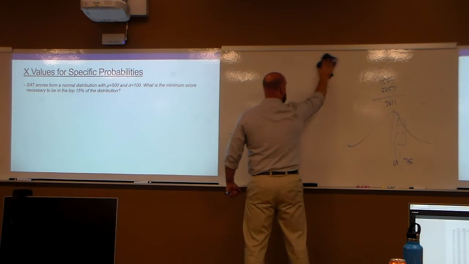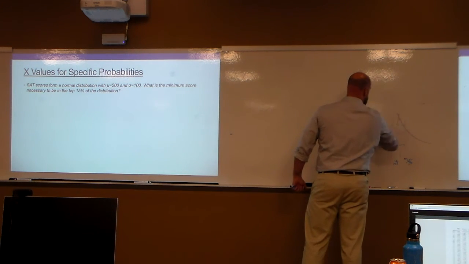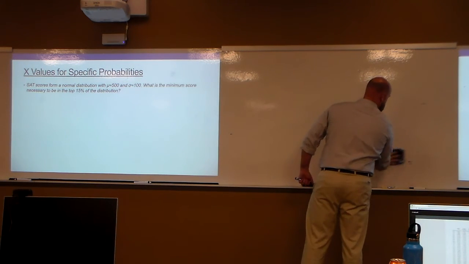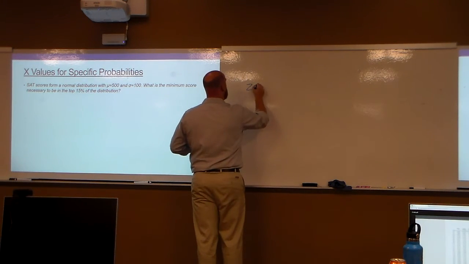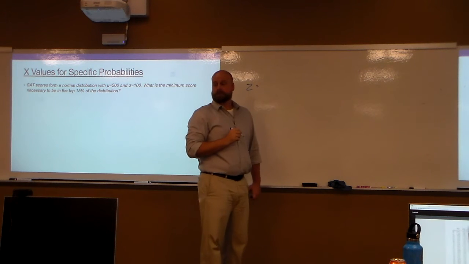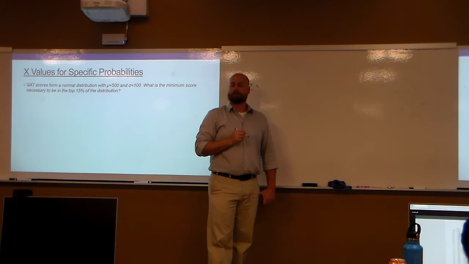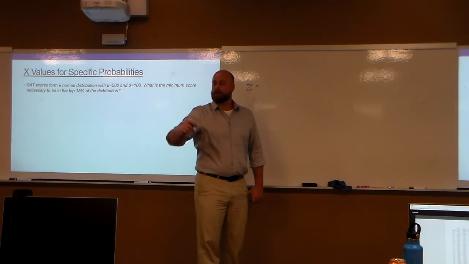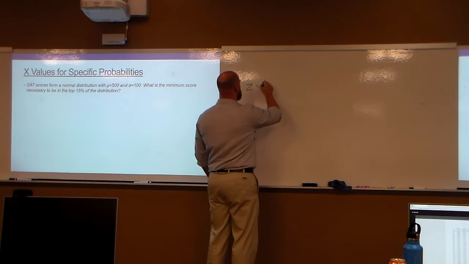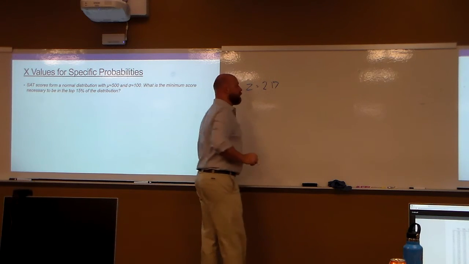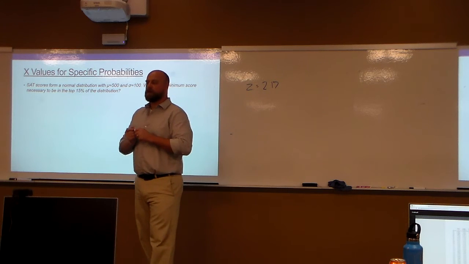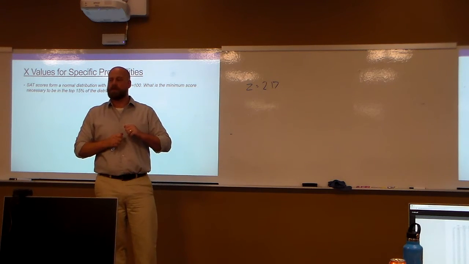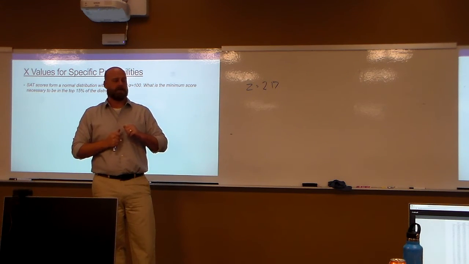Someone look at the unit normal table and tell me what z-score is associated with the top 15% of the distribution. What is it, Nick? 2.17. Okay. And what does 2.17 mean in terms of where this person is scoring relative to the rest of the distribution?